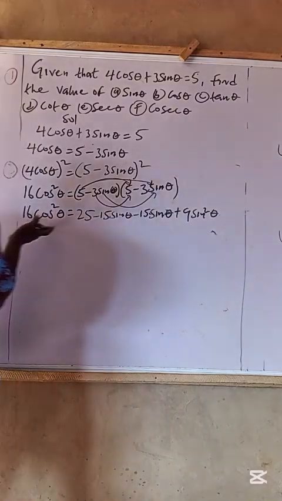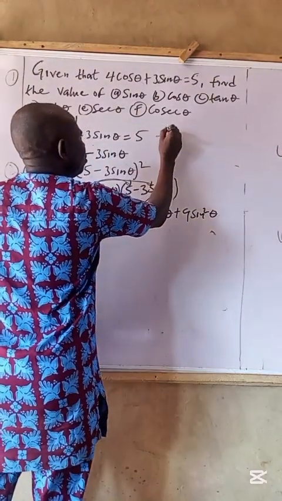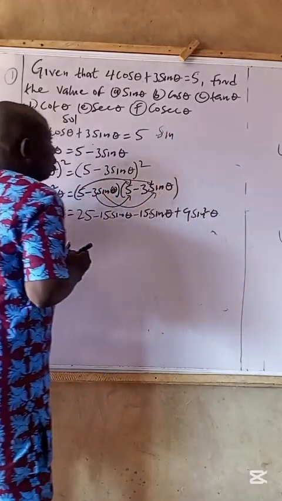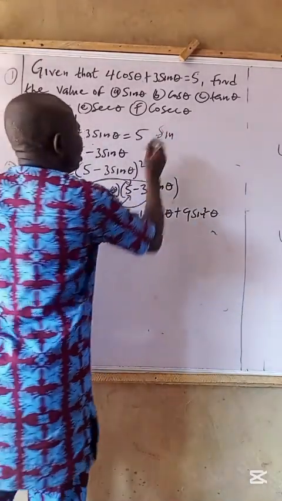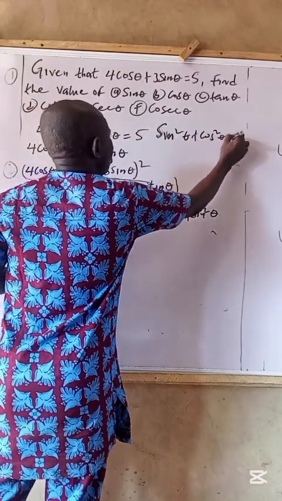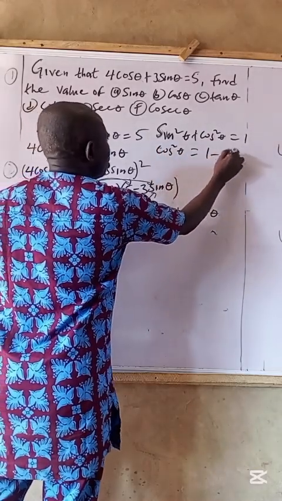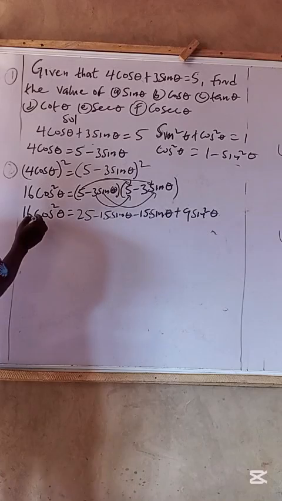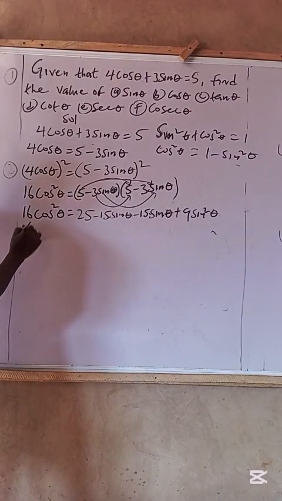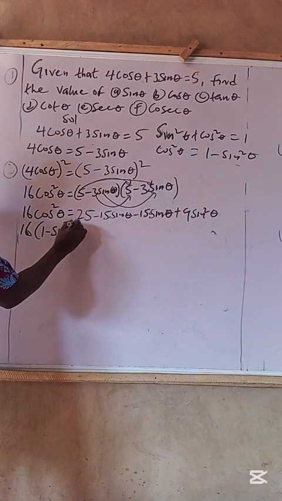But I want to remove this cos square. What can we do? We know that sin square theta plus cos square theta equals 1, which means cos square theta equals 1 minus sin square theta. So instead of this, we write 16 times 1 minus sin square theta.